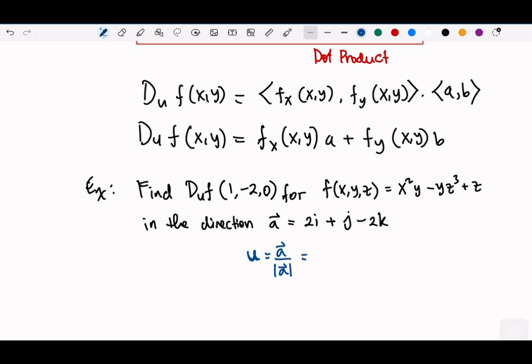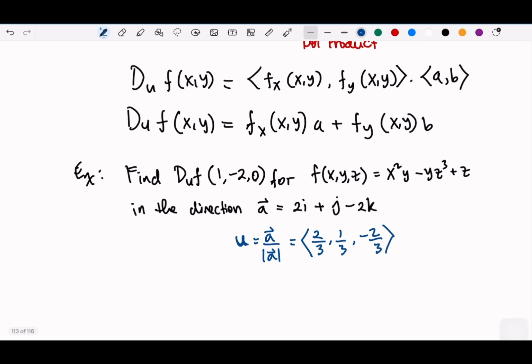So this will be equal to... 4 plus 1 plus 4 is 9. Square root will be 3. Okay, so I hope you get why this will be 2 over 3, 1 over 3, and negative 2 over 3. Okay, if you feel okay, then I will just write this. If you feel confused, just raise your hand. Okay, so this is the unit vector.